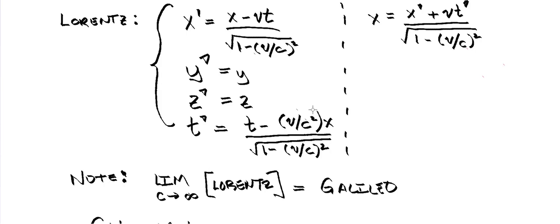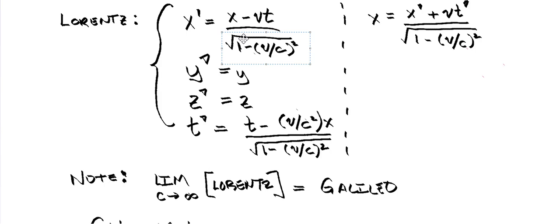Let's explore what happens. Well, all of a sudden, v over c, if c approaches infinity, starts to look a lot like 0. So 1 minus v squared over c squared really looks a lot like 1.